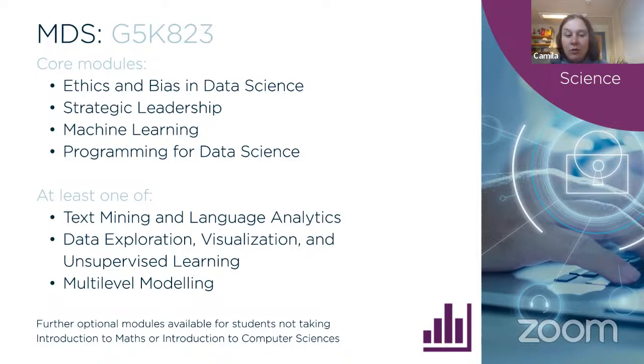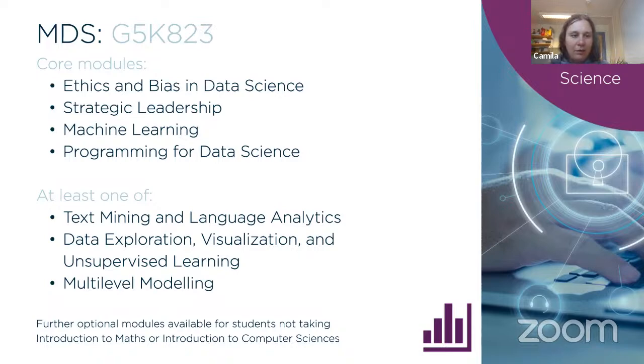Multi-level modeling is actually quite relevant for anyone with a health or social analytics interest, looking at different types of mathematical models, and particularly hierarchical models that are relevant for these areas. So as we move to the other streams, you see some commonality with them, and of course the other optional modules available to complete the 120 credits you need to take.